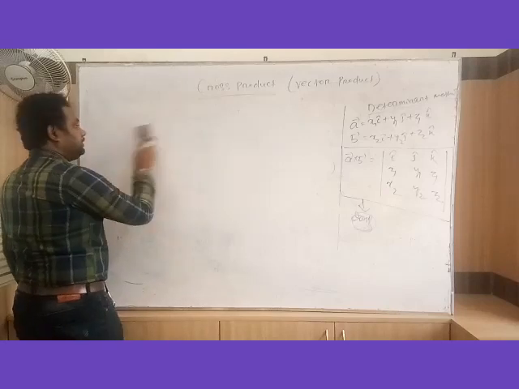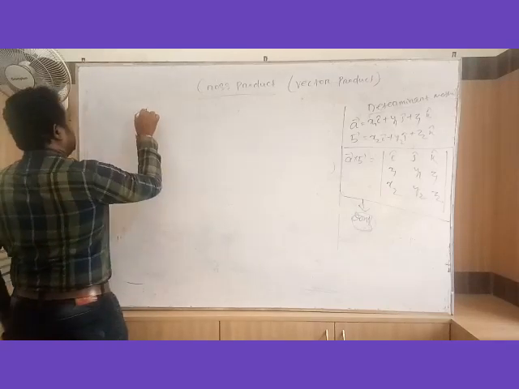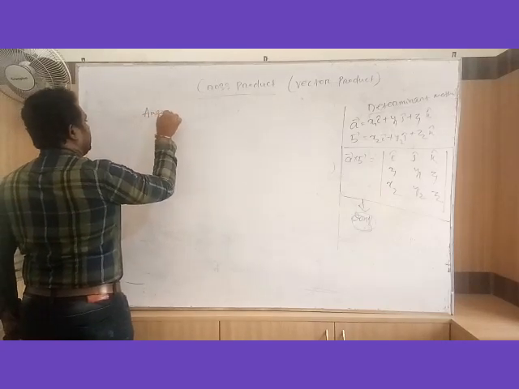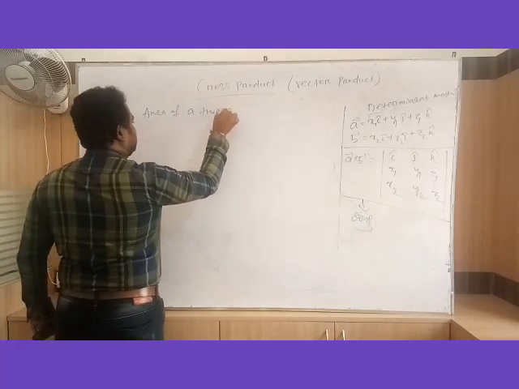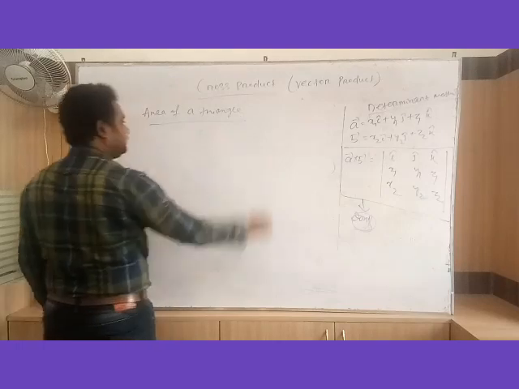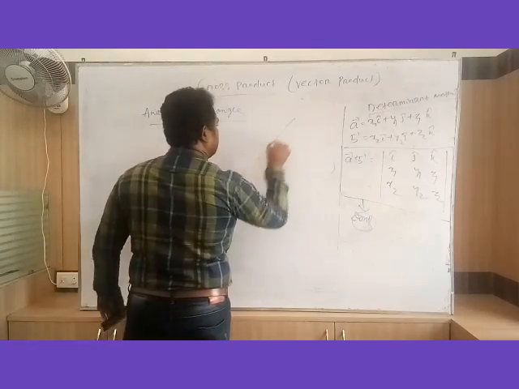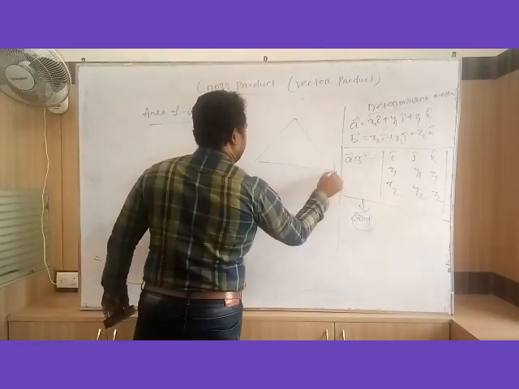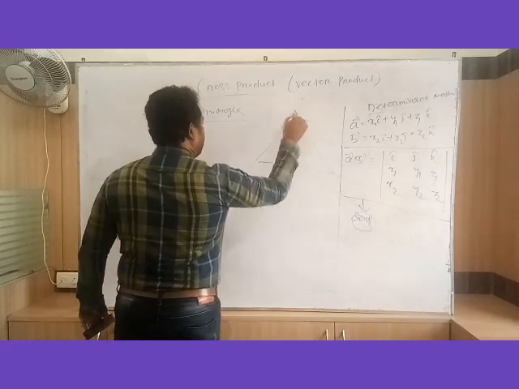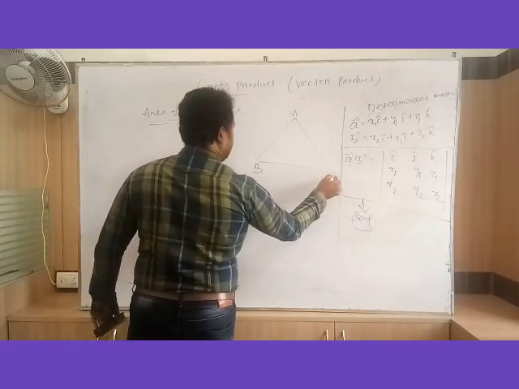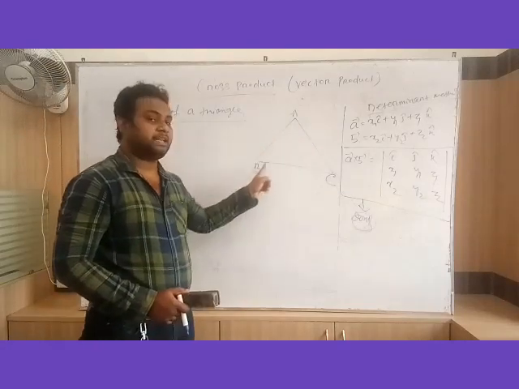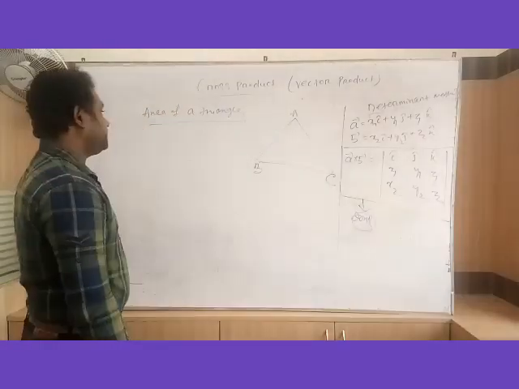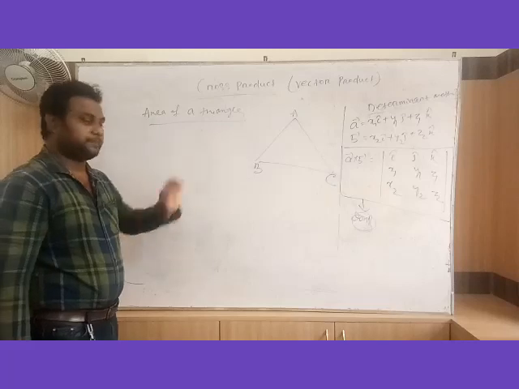Now first come to how to find the area of a triangle. Okay, suppose this is a triangle ABC. The position vectors of A, B, C are given to you, and you have to find the area of triangle ABC.